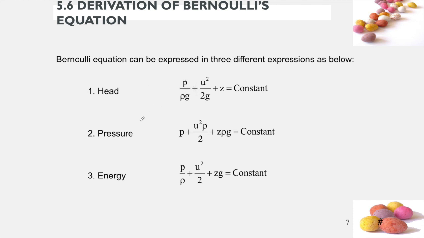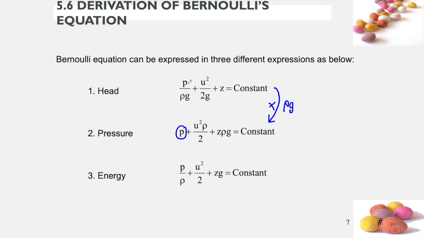If we want to convert into pressure energy, we just have to multiply all those terms by rho G. All these units will then be in Newton per meter squared.